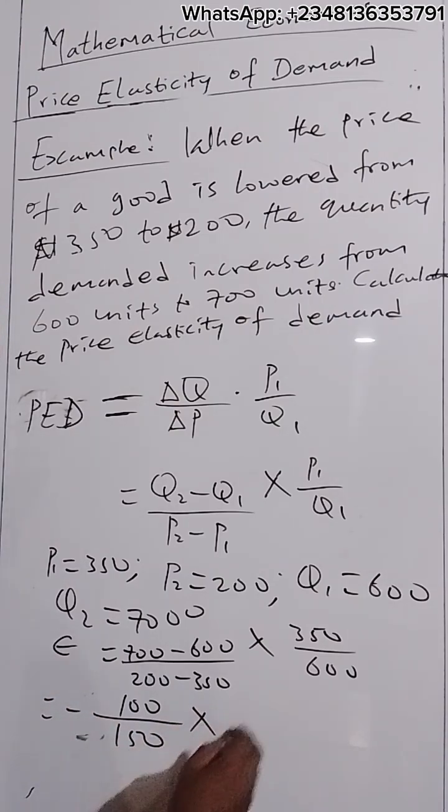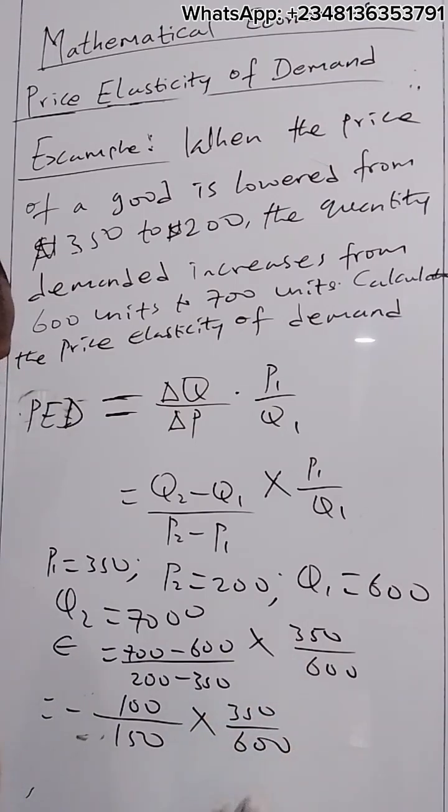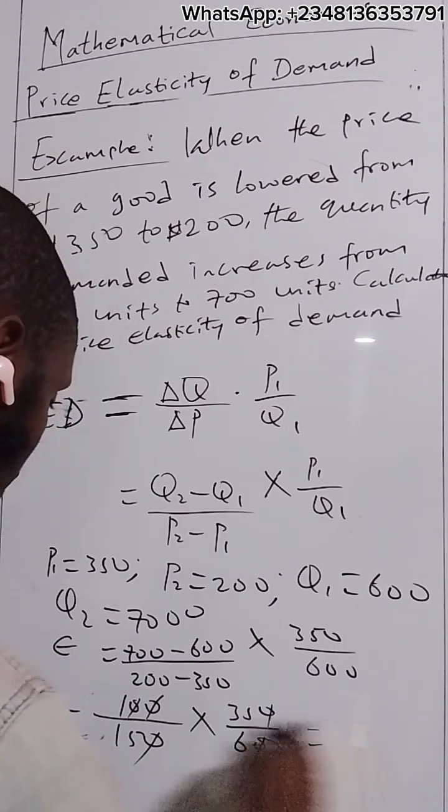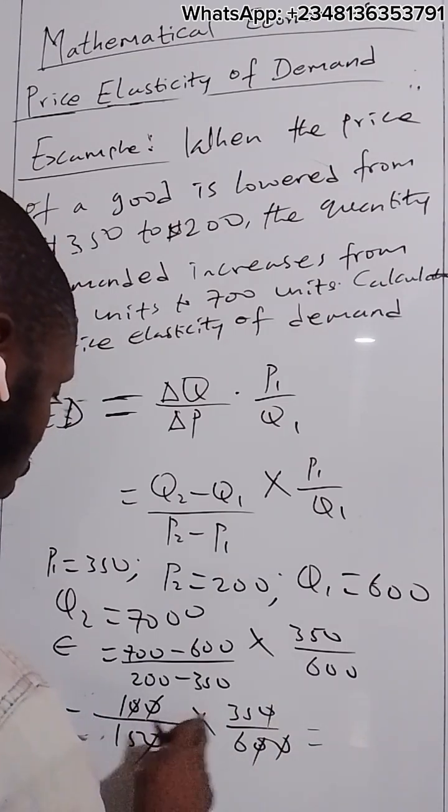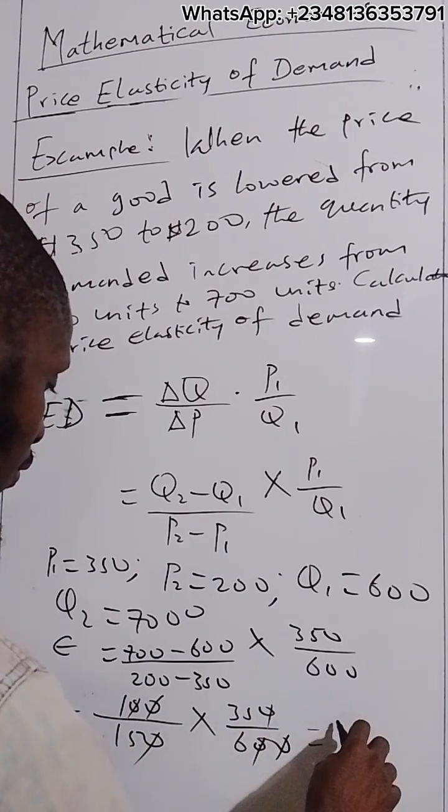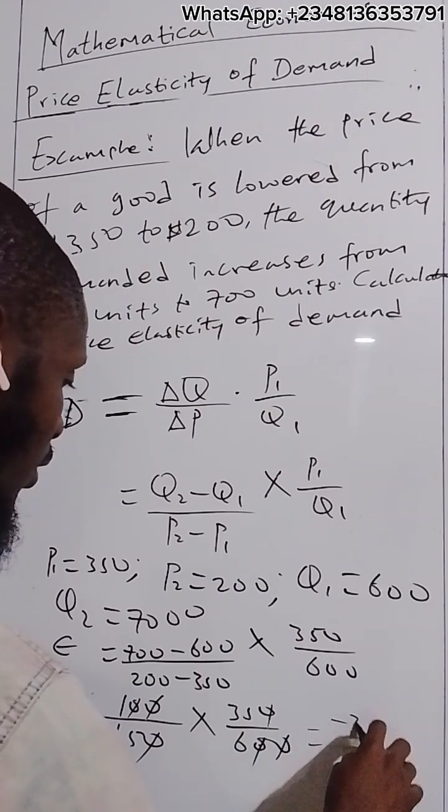Then multiply by 350 divided by 600. I can cancel the zeros: this zero cancels this zero, and I am left with 35. Here I have minus 1 times 35, that will give us minus 35.